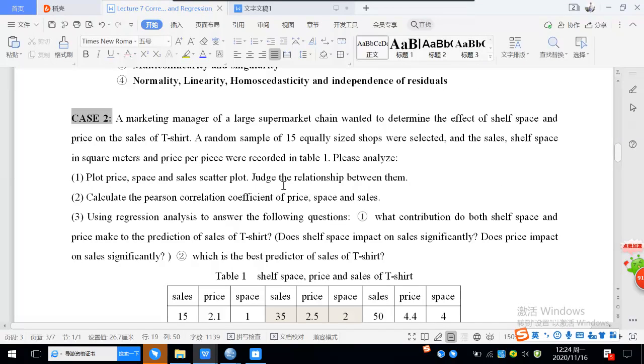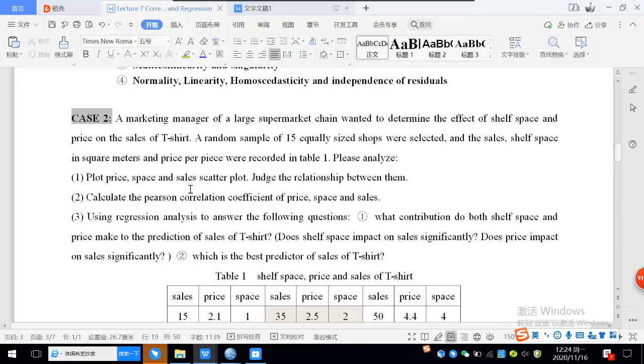Firstly, after we draw the scatter plots of price, space, and sales, we can judge the relationship between these three variables. Through our scatters, we can see that price and sales, and space and sales, have a linear relationship.